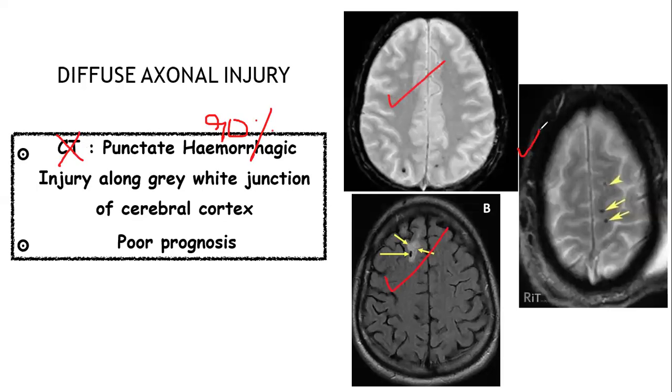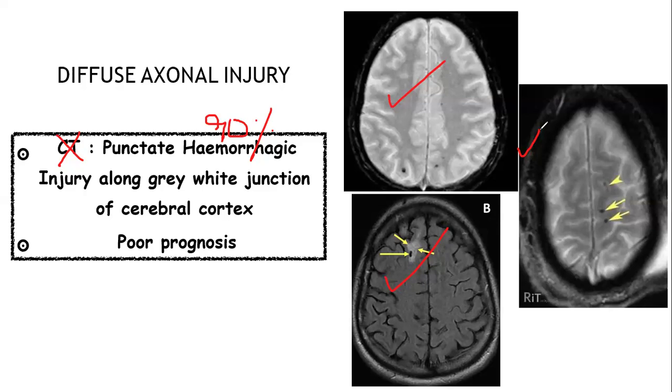MRI? Yeah, this is MRI. So in case of diffuse injury, the definitive investigation or gold standard is MRI, where you can find the findings. But in CT, it is mostly more than 90% unremarkable, right? But on MRI you have punctate hemorrhages.